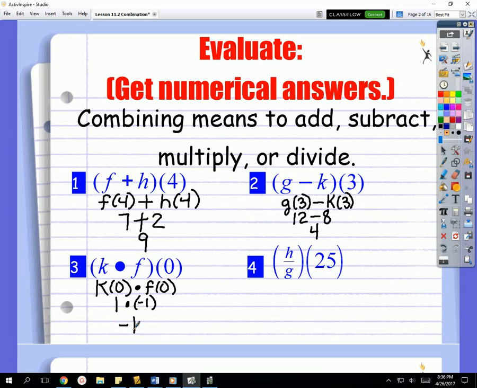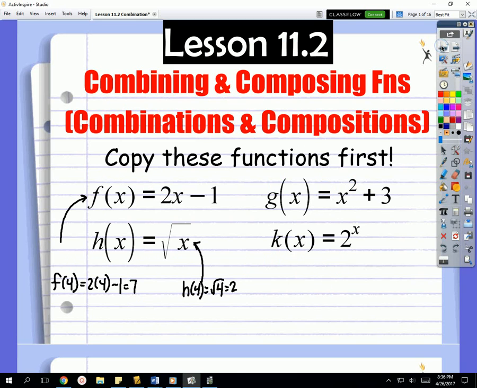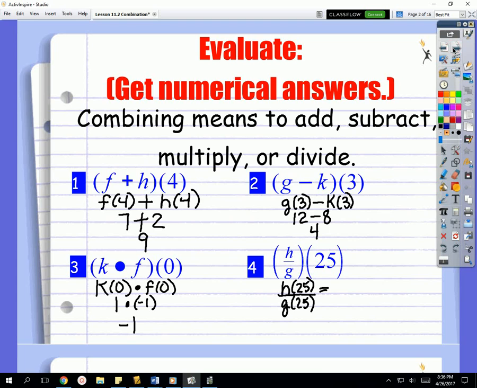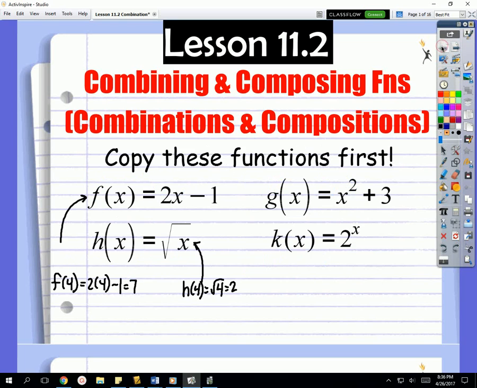One more of these. When we do h over g of 25, it means you're going to do h of 25. You're going to put it over g of 25. And then if you can reduce the fraction, you'll do so. So let me go back and say that h of 25 would mean the square root of 25, and that's just 5. G of 25 would be, does it say g of 25?